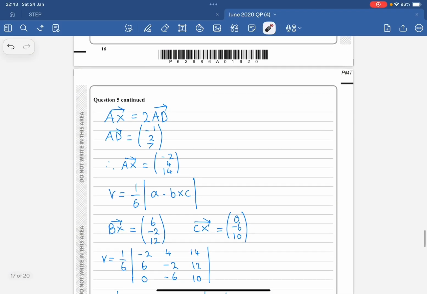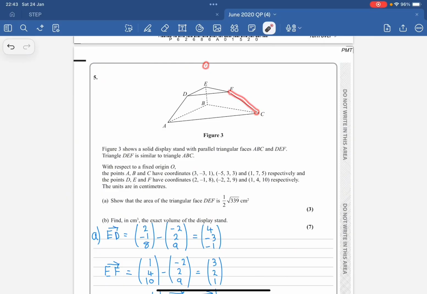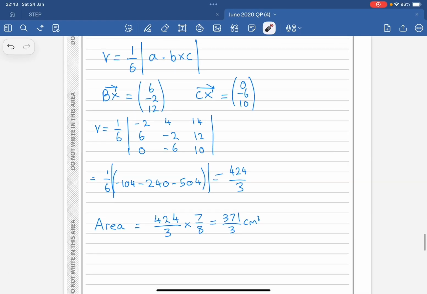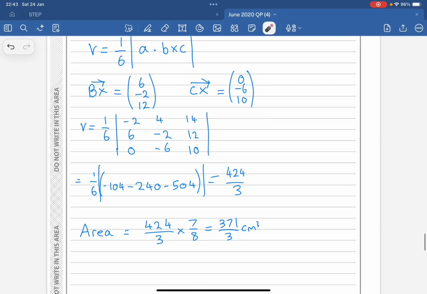Work out BX and CX by using similar things. You know, we find this and then just double it, and this and double it. And then we take the determinant of this 3 by 3 matrix, and that gives us this, which is 848 once we apply the modulus sign. So that gives us 424 over 3.